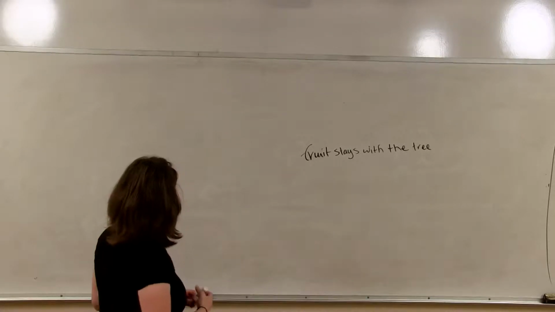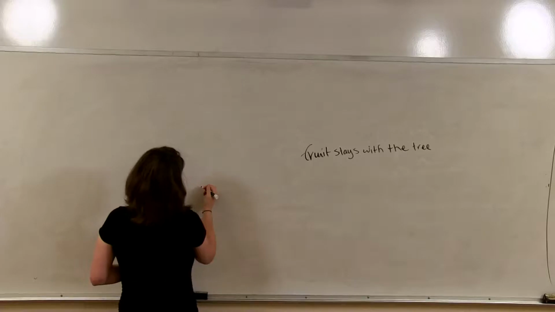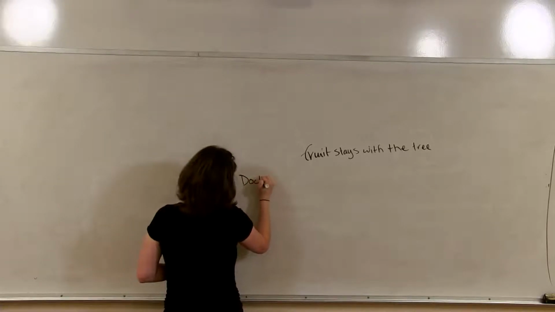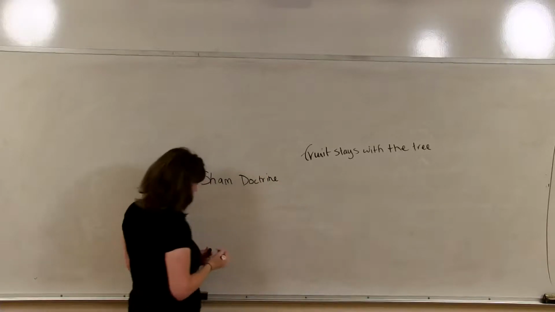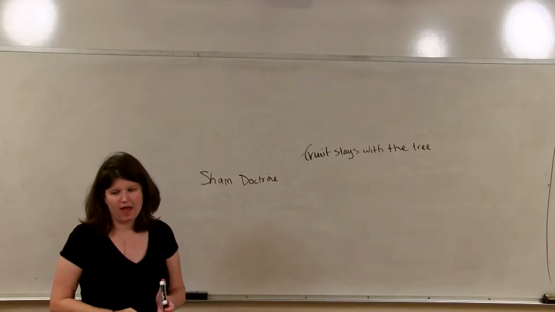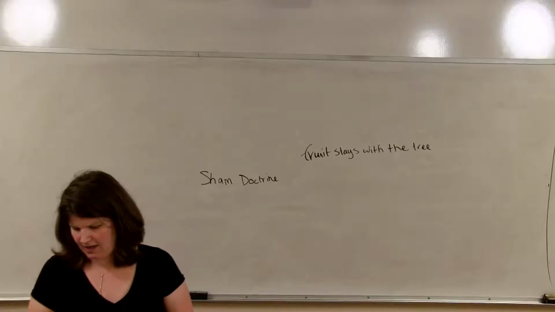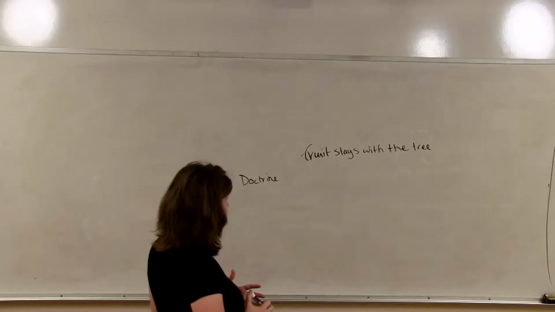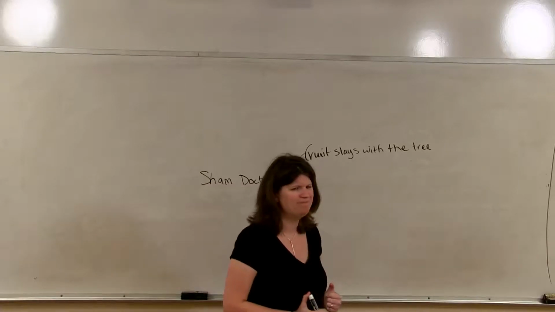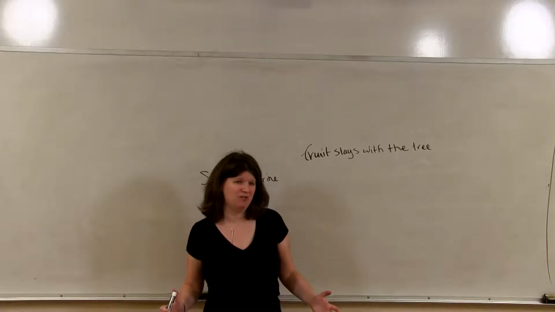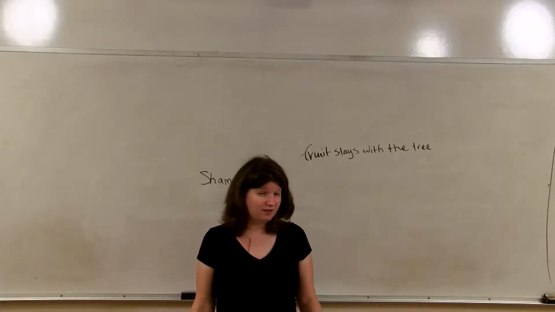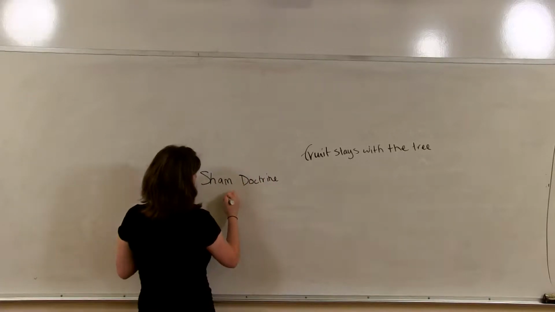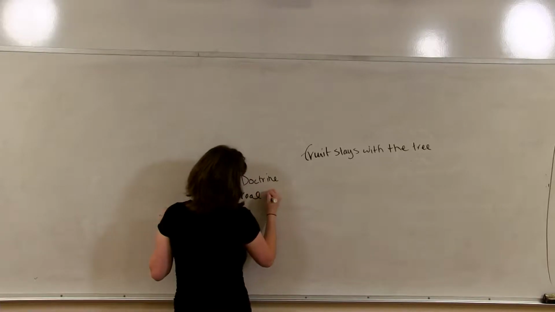Another concept that is discussed in the book is called the sham doctrine. This is when the IRS goes in and says, with this transaction that you're creating, it's really just a sham. You're only doing this to avoid paying taxes, and there's no real business motivation.